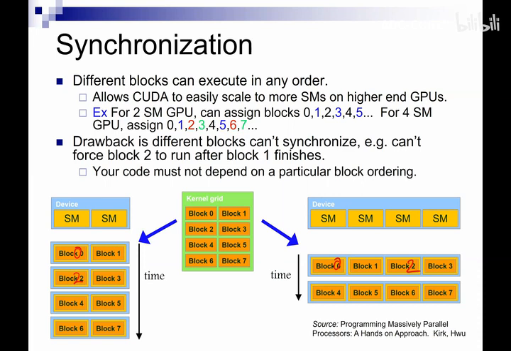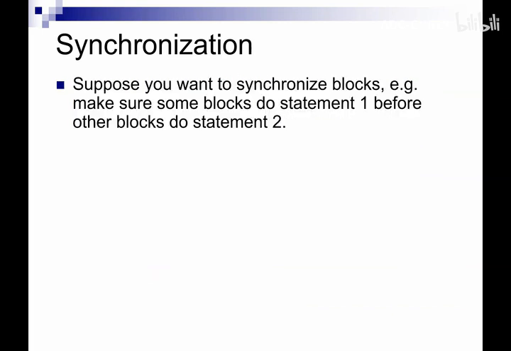Your code cannot say that I'm going to wait for thread block 0 to finish some computation to produce some output, because I need to use that output. There cannot be that dependency. So this is one example where it's hard to do synchronization on the GPU. You cannot synchronize between blocks.